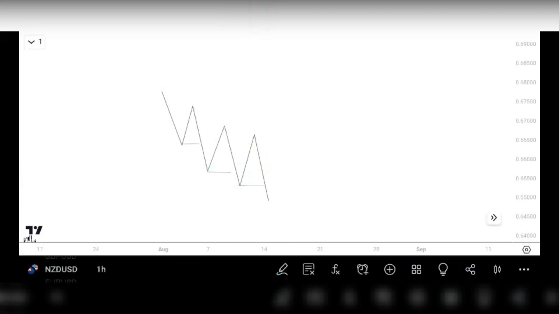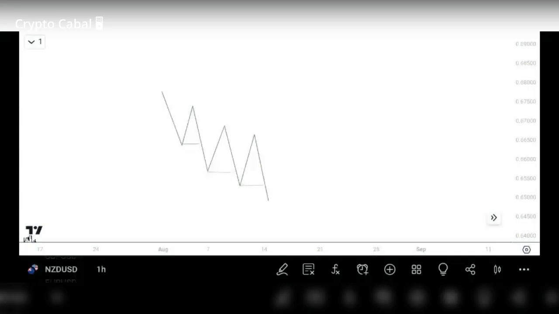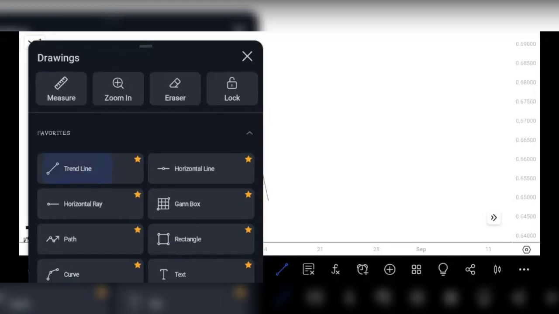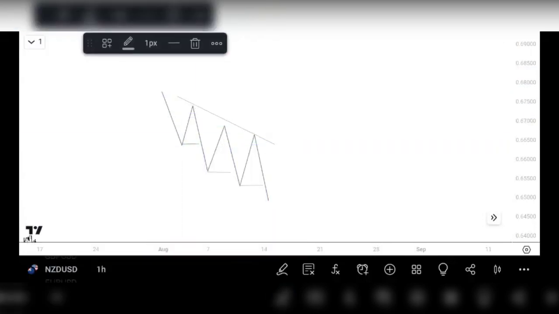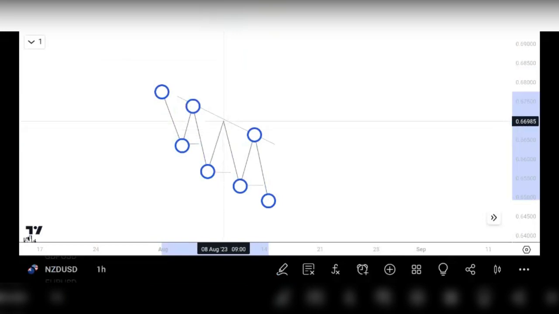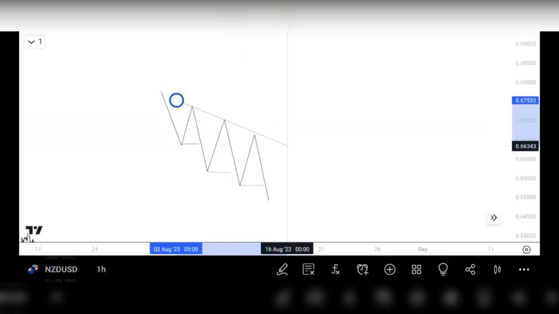Now, what does it mean by order flow liquidity? If you go back to your basic aspect of liquidity, you understand what we mean by trend line liquidity, which is something of this nature here, this way. This is what we call a trend line liquidity that is formed here.